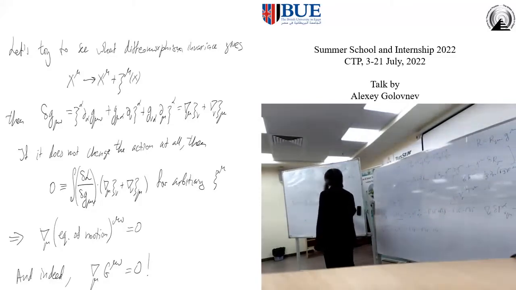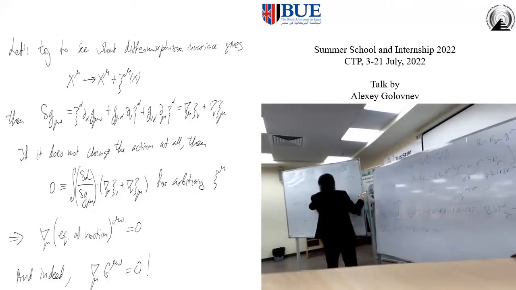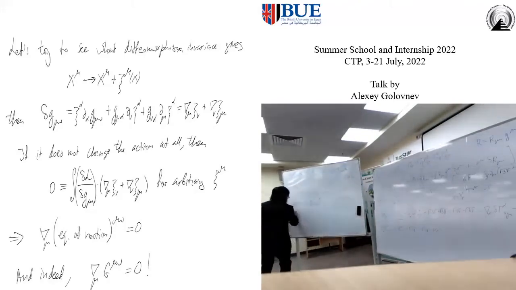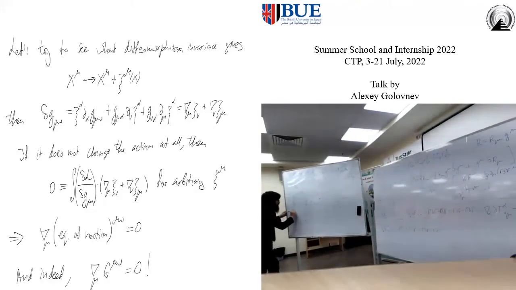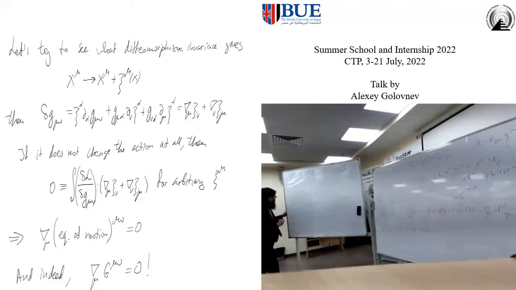Then what can I do here? I can substitute the things, and that gives me g'_μν at x' is equal to g_αβ at x, right?